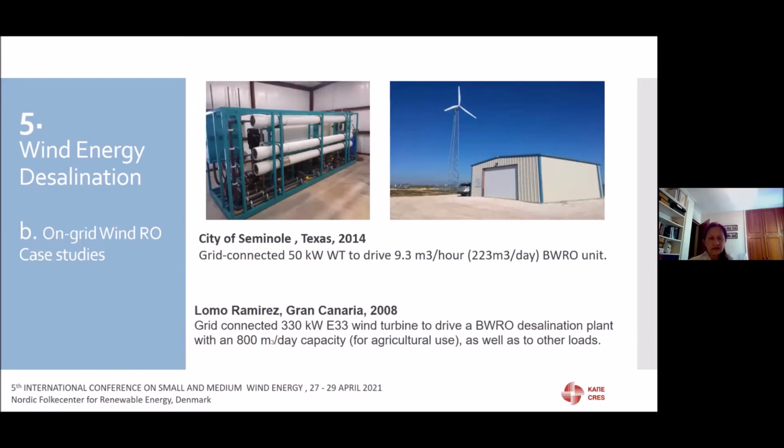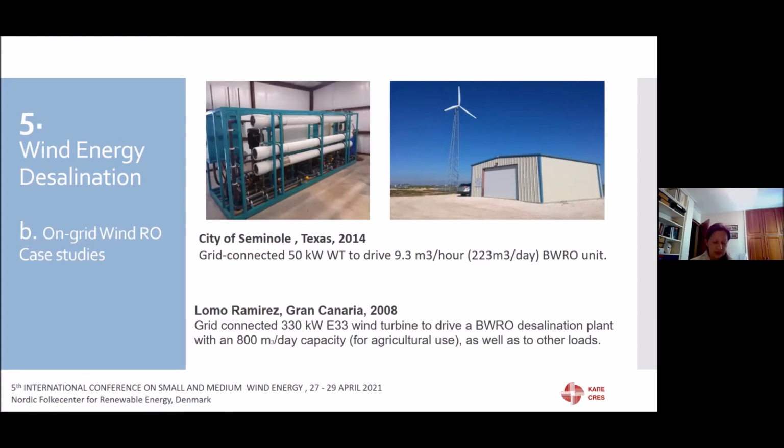Another grid-connected example is in Texas, a grid-connected 50 kilowatt wind turbine driving a brackish water RO unit of around 220 cubic meters per day, but also other loads.